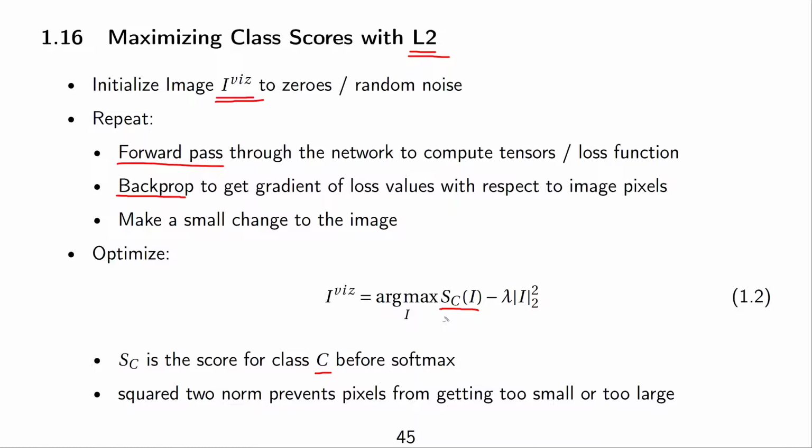That means an image I that looks like it would excite a particular class. It will get a high response for a particular class classification. And then here we put a regularizer that is the squared 2 norm of the image. So this should be the F norm. That means it's a pixel-wise squared norm.